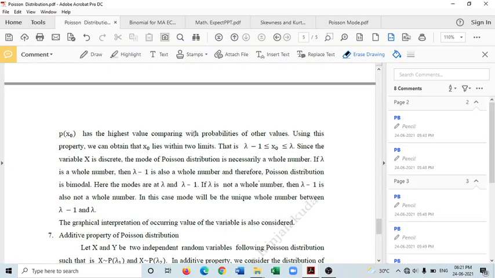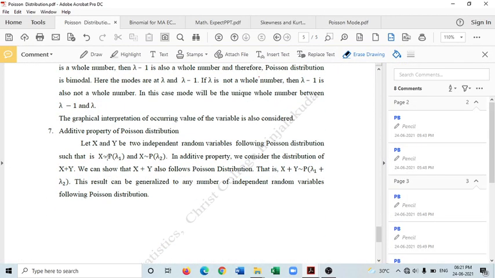Now we come to the last property of Poisson distribution, known as the additive property of Poisson distribution. Again, it's a very interesting property. The property says that if there are two independent random variables, each of them following Poisson distribution with parameters lambda 1 and lambda 2, then the sum of these random variables also has Poisson distribution with parameter lambda 1 plus lambda 2.